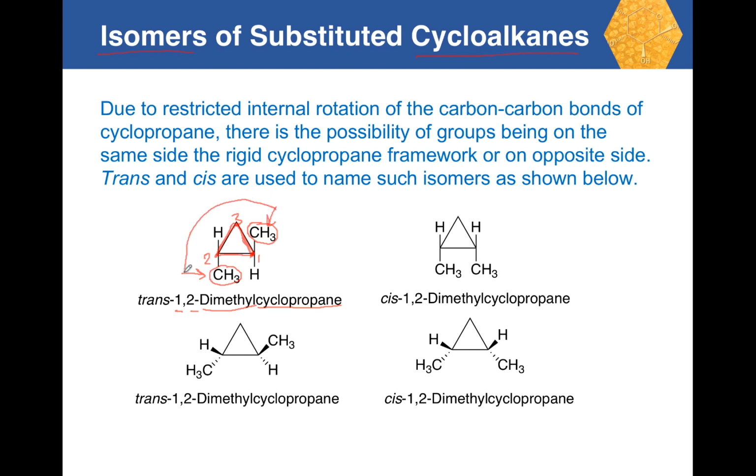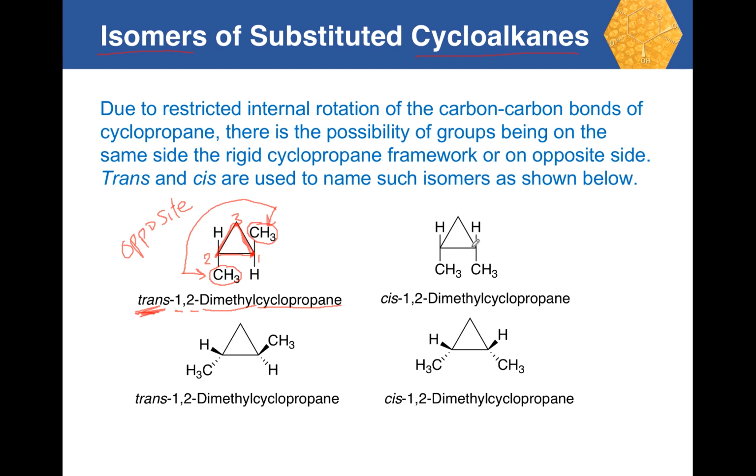So these groups here are on opposite sides. That means they are trans. So the term we use is trans and not opposite. So we say that the name of this molecule is trans 1,2-dimethyl cyclopropane.